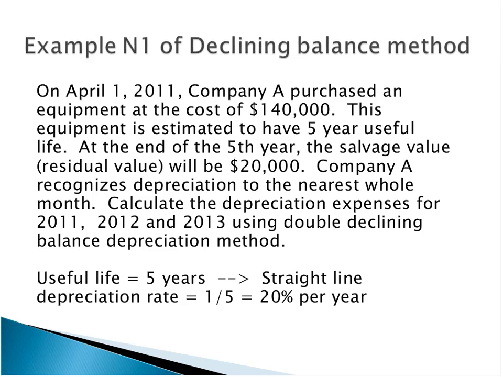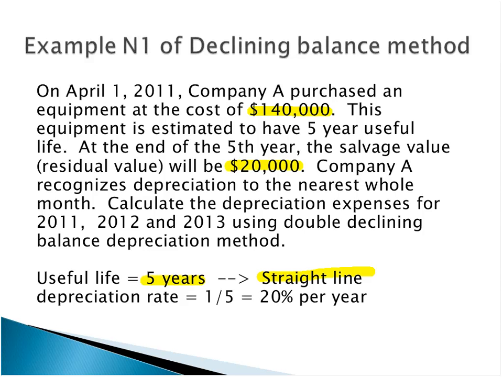So first of all, the useful life of this equipment is equal to 5 years, right? This is by the straight line. In the straight line, how do we do the calculation? Just take the original cost of the equipment, 140,000, minus the 20,000 of scrap value or salvage value, right?